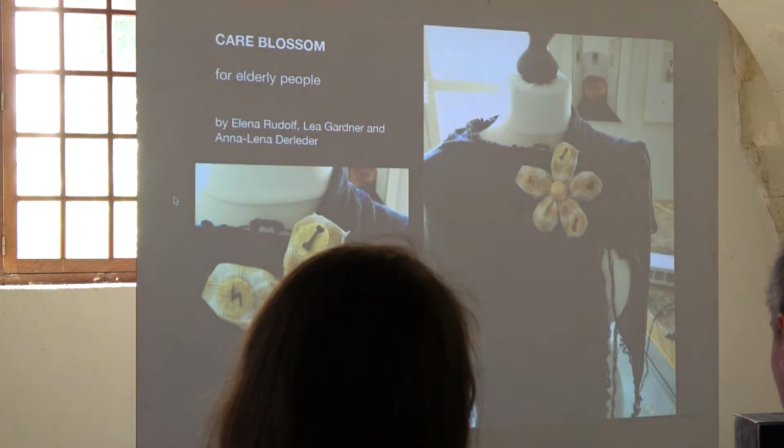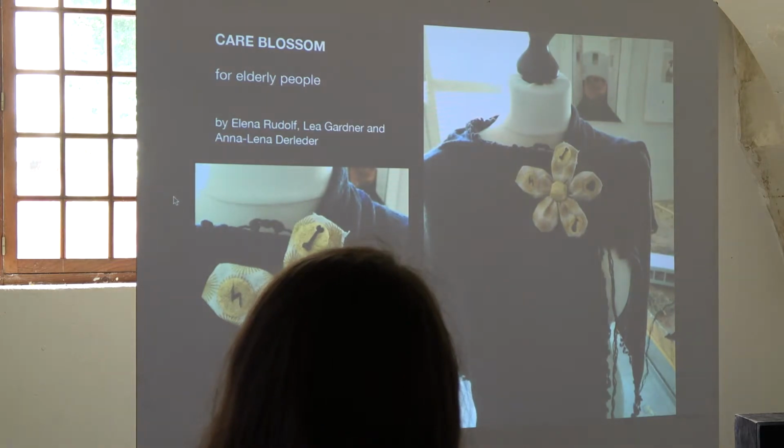Another project was dealing with elderly people. So this group found out that elderly people fall down very often and break something. That's a common problem. But also that they feel lonely quite often. So they designed this kind of brooch. They were also thinking of a more masculine design, but the first prototype was the grandma style, with a flower with different buttons.